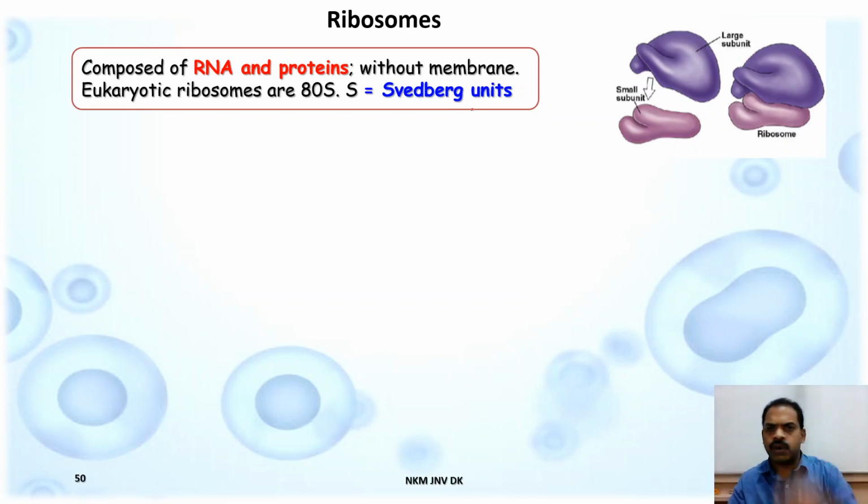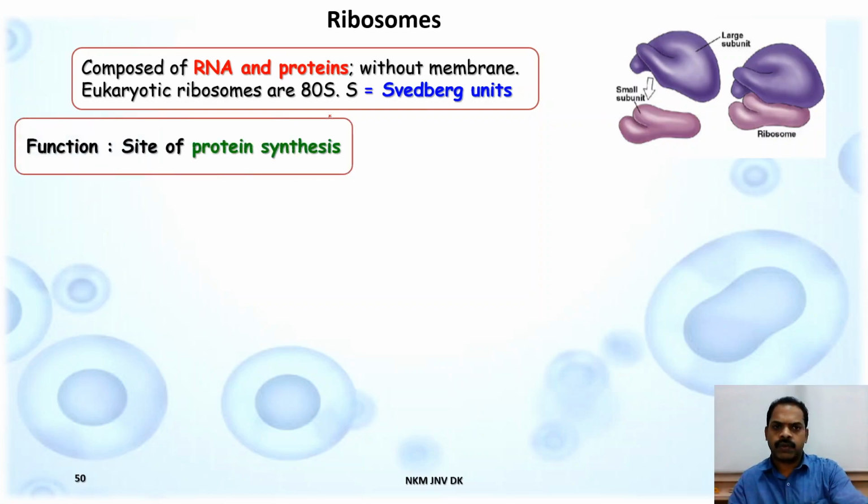Based on that it is 80S, and the subunits are 60 plus 40. Again, I told you it's not mathematics. The 60 and 40 subunits joined together make 80S in eukaryotic ribosomes. Their main function is to produce protein, the site of protein synthesis.